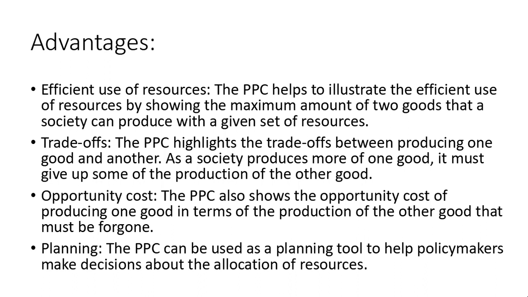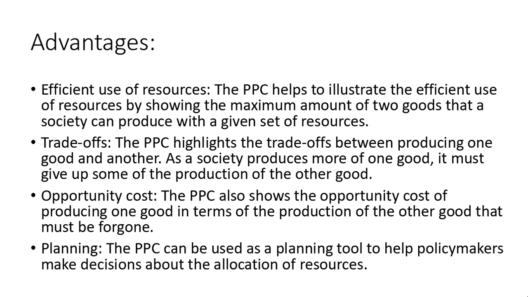Now we discuss the advantages of the PPC curve. Efficient use of resources. The PPC helps to illustrate the efficient use of resources by showing the maximum amount of two goods that a society can produce with a given set of resources. Trade-off. The PPC highlights the trade-off between producing one good and another. As a society produces more of one good, it must give up some production of another good.